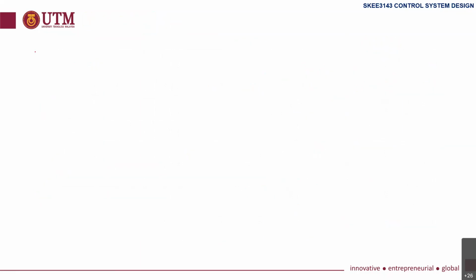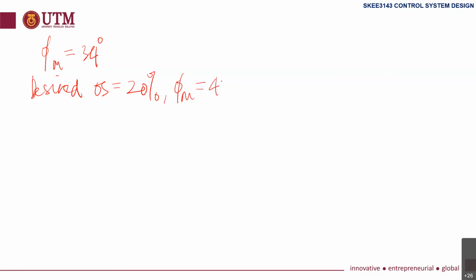Okay, now our phase margin is 34 degrees, and the desired overshoot is 20%. What we want, from the question, is 20% overshoot, meaning that we want a phase margin of 48 degrees.